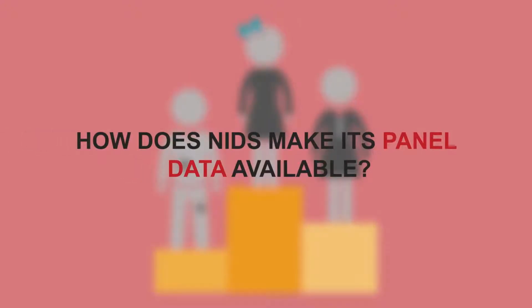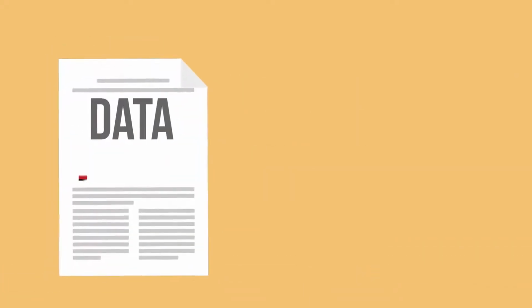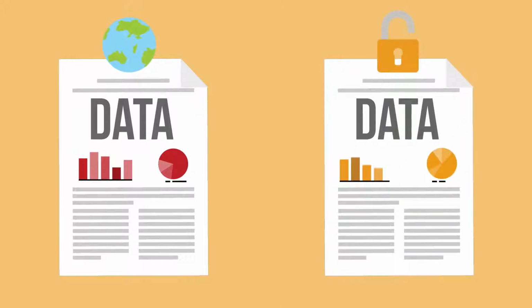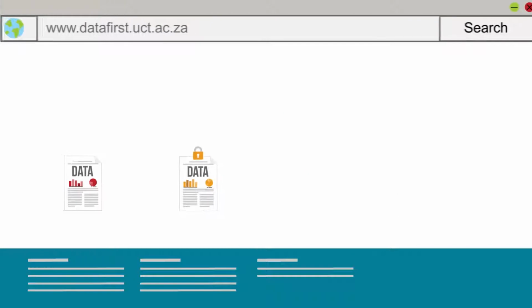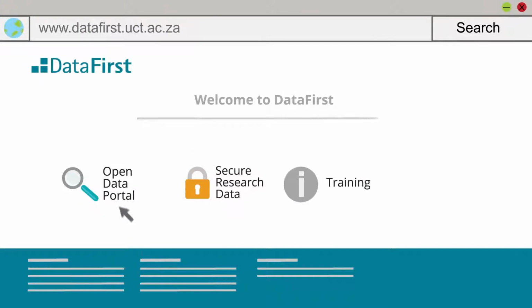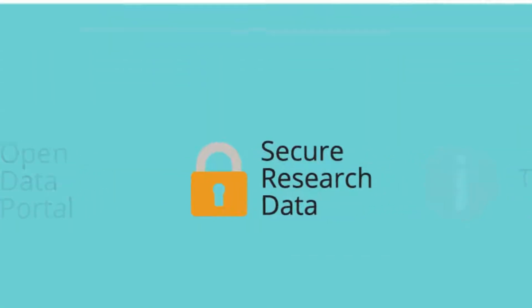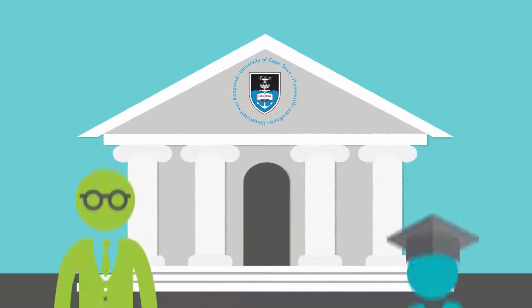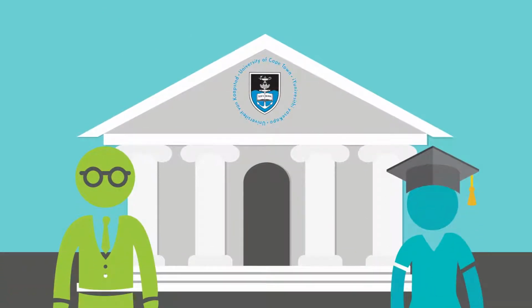How does NIDS make its panel data available? NIDS produces 2 types of data: public release data and secure data. The public release data is available for download from DataFirst's online data portal upon completion of a short registration process. The secure data is only physically accessible at DataFirst's Secure Research Data Center in the University of Cape Town School of Economics building.